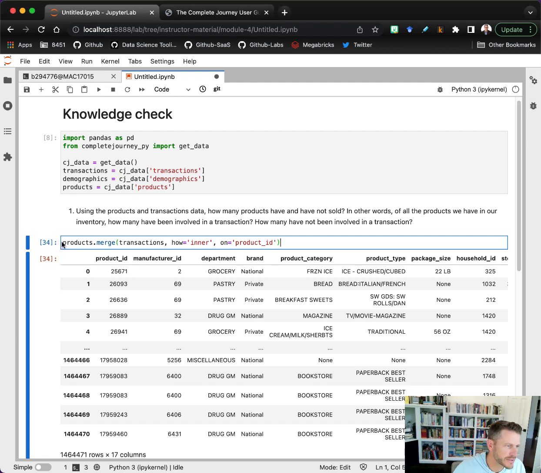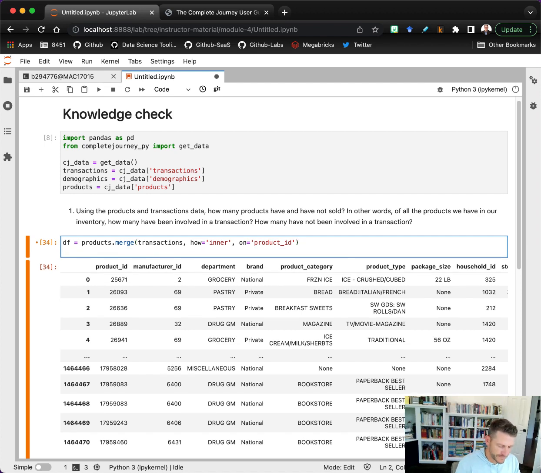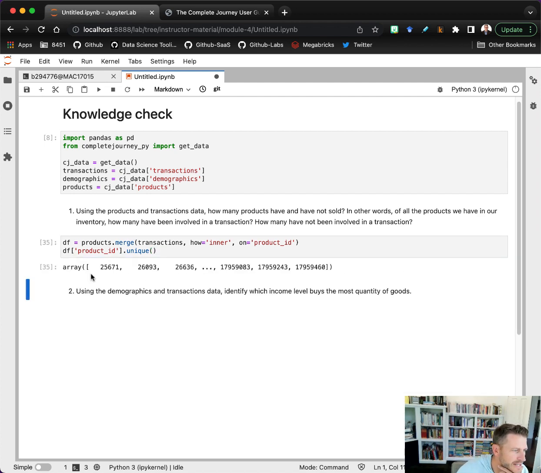So what we can do is save this, and I'm just going to save this as DF. Now I can look at my product ID in there and get the unique values. We see now we get a list of all the unique products, so these are all products that have been used within a transaction.